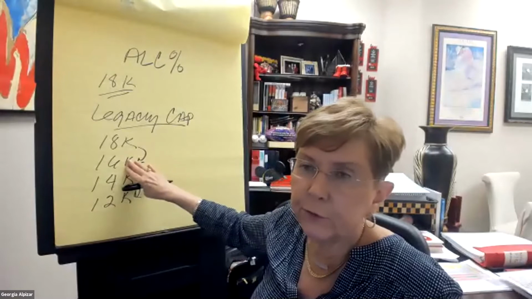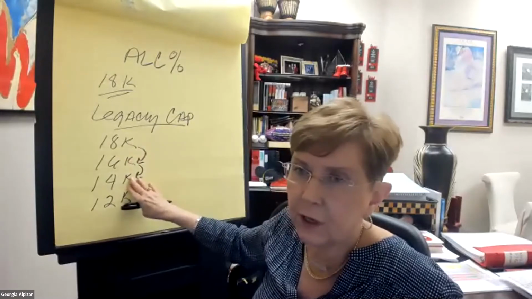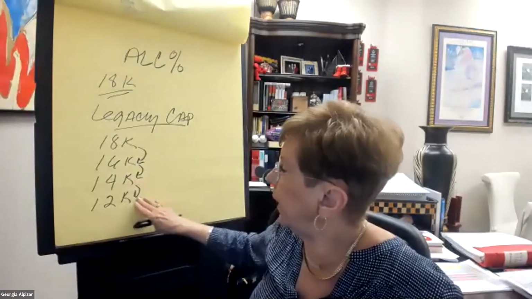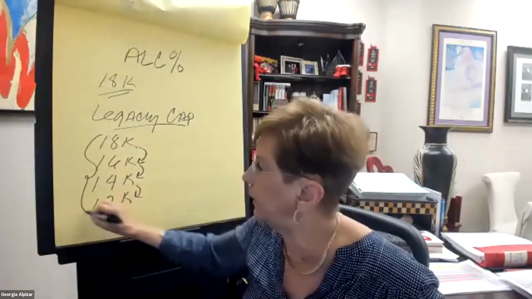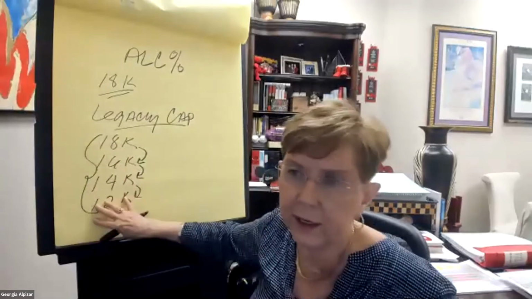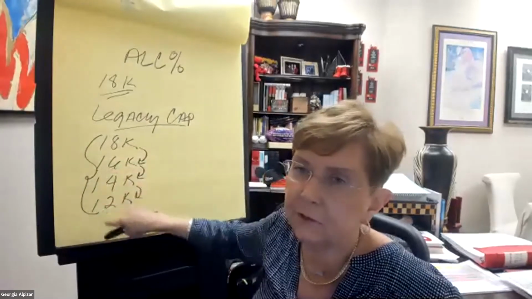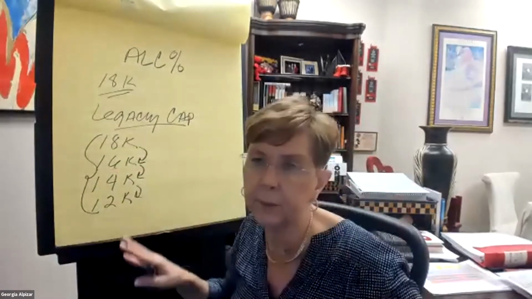When you're with us for 4 years, you can go down to a $14,000 cap. When you're with us for 6 years, you can go down to a $12,000 cap. This is example only. This doesn't mean that this is the way it is. You can have 18, 17, 16, 15. Your numbers are your numbers, okay?